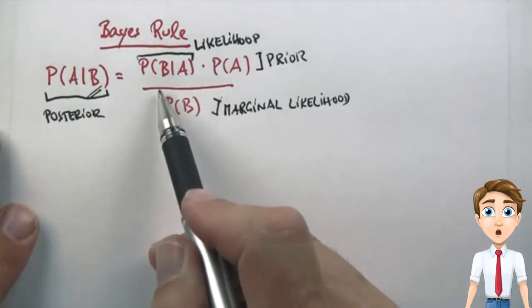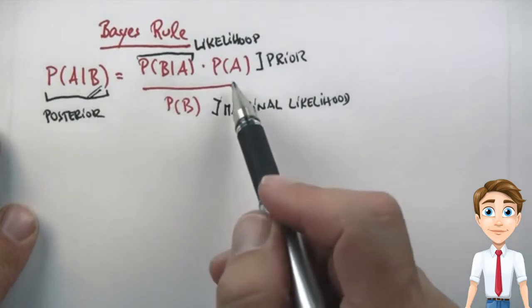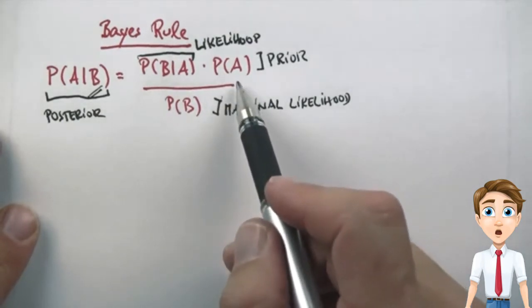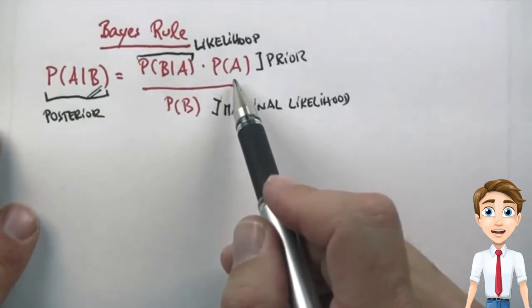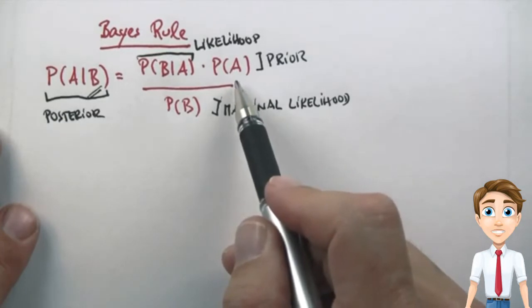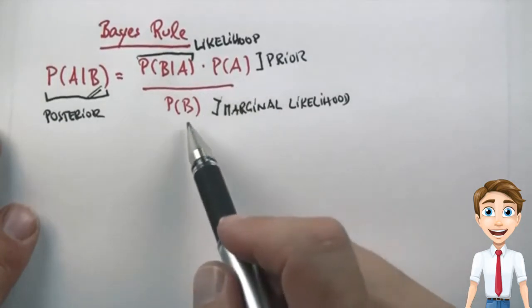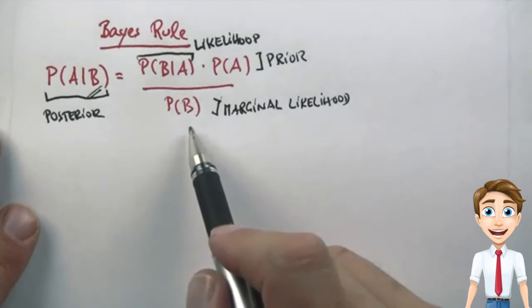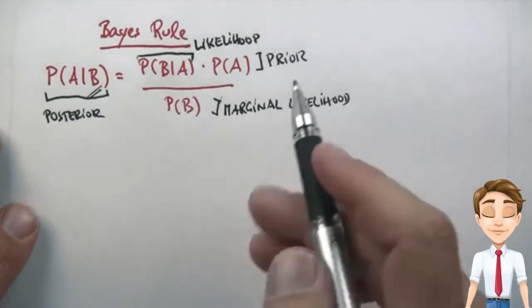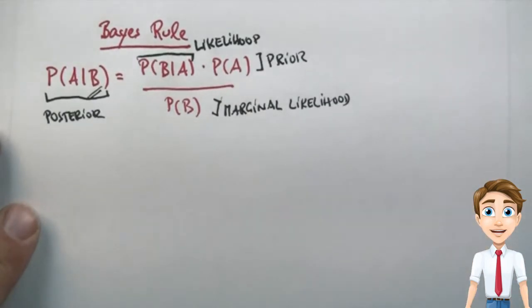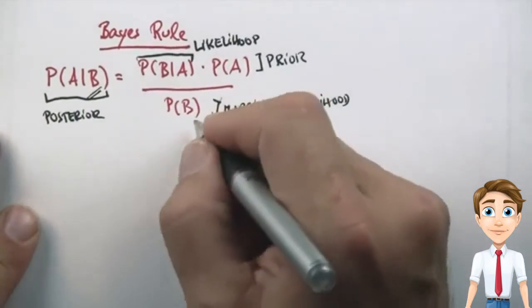But to correct for this inversion, we have to multiply by the prior of the cause to be the case in the first place, in this case having cancer or not, and divide it by the probability of the evidence, P of B, which often is expanded using the theorem of total probability as follows.